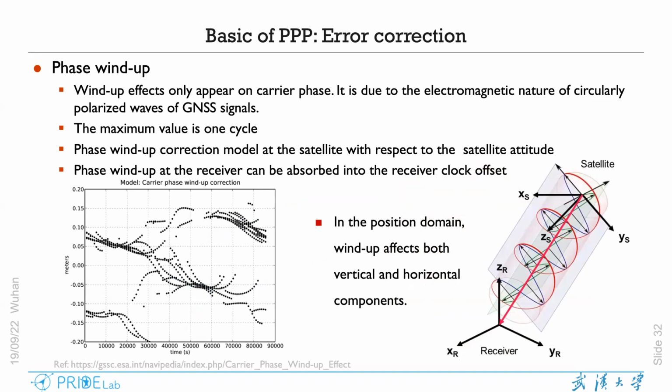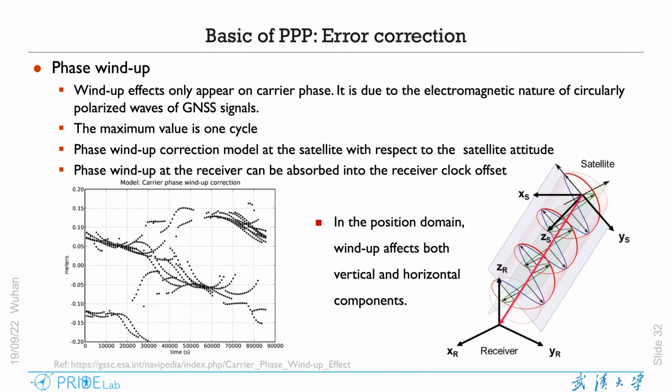All right, now we come to the phase wind-up. Phase wind-up effects are caused by the relative motion of the satellites and the receivers. Because the relative positions are always changing in space, you have to make these wind-up corrections to improve your carrier phase data processing.